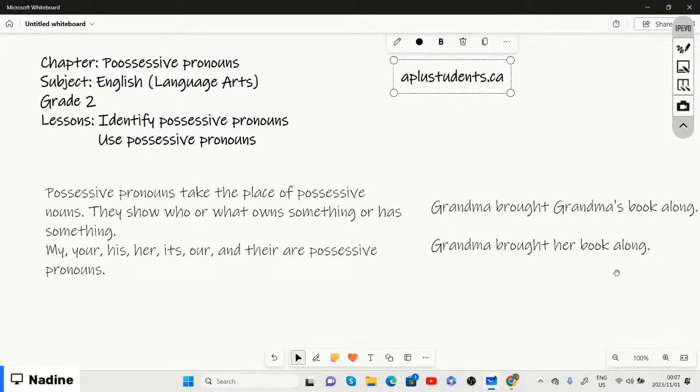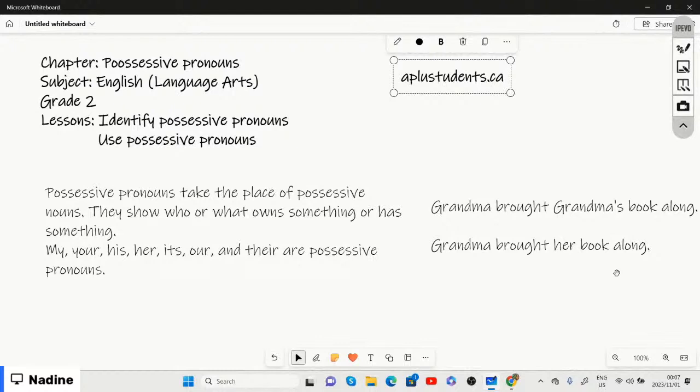So now we're just saying that a possessive pronoun takes the place of a possessive noun.